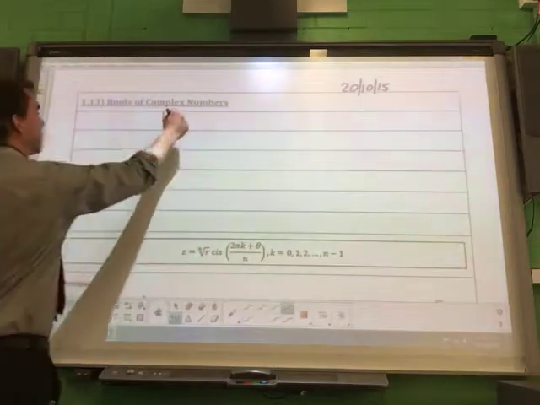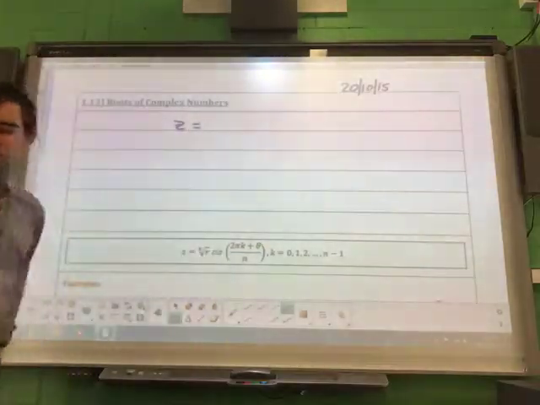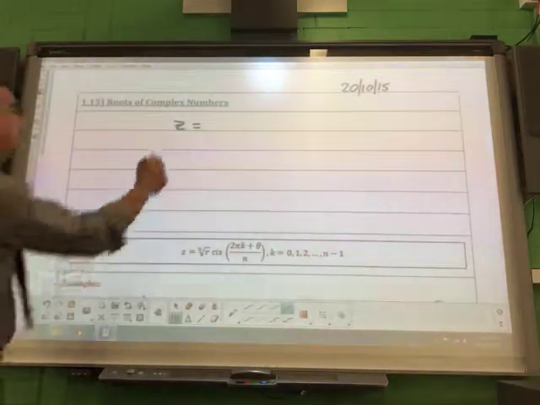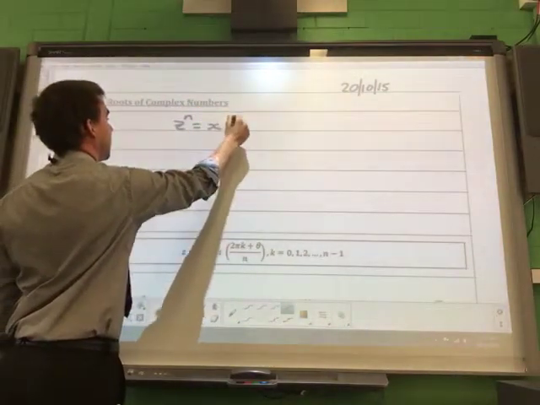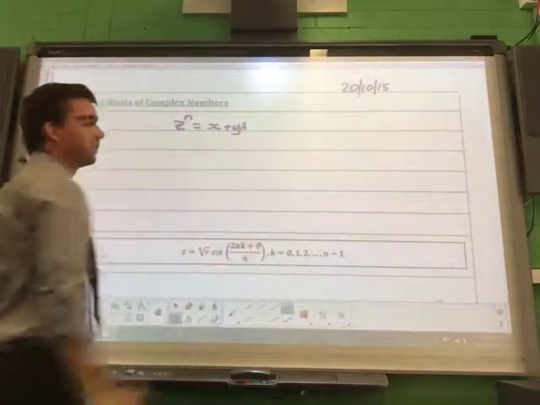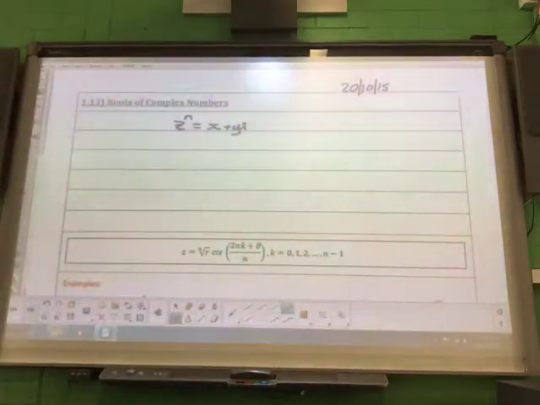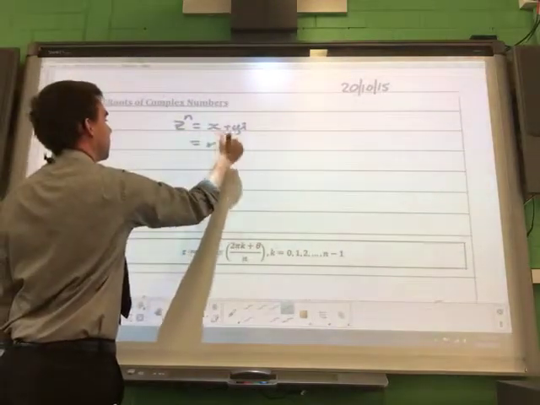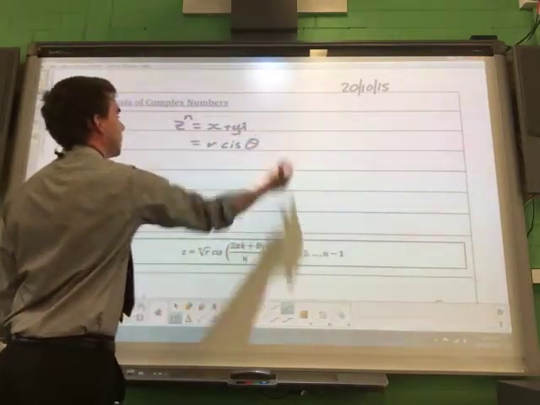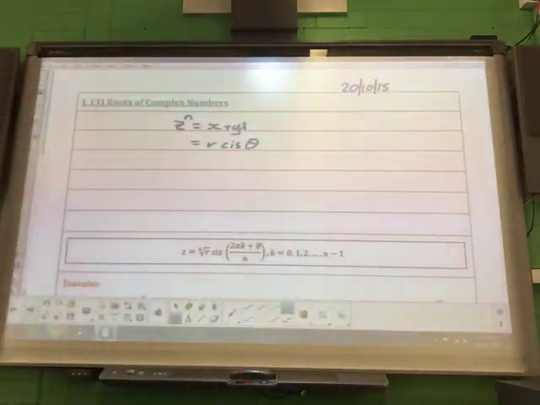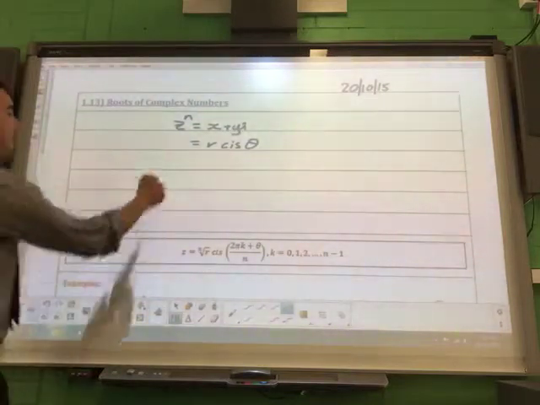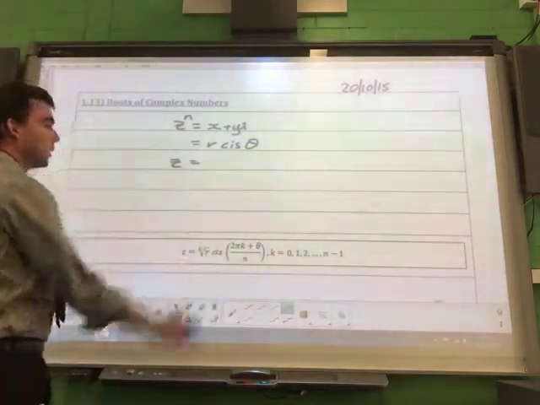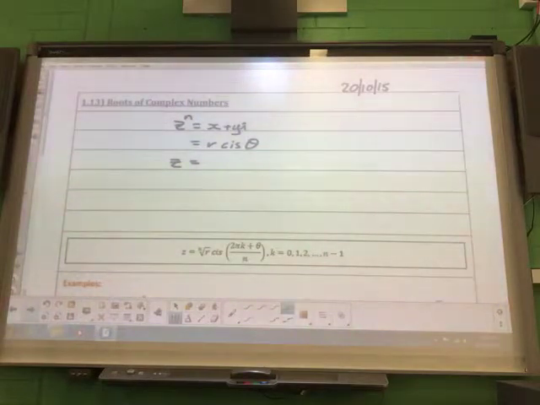It's really coming from saying if z to the n is x plus yi, which equals our modulus times cis of the argument, then we're finding the roots, so we've got the power of n for some complex number z, and we're finding the roots for them.